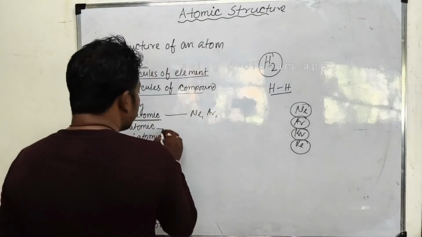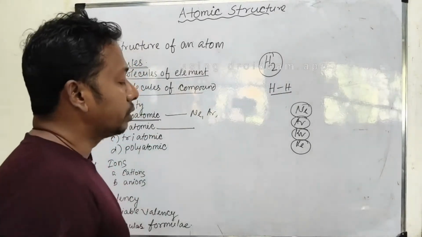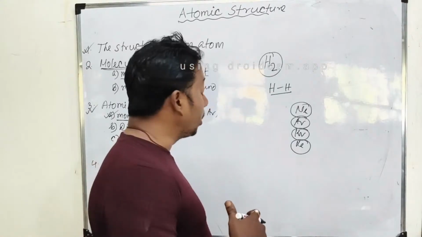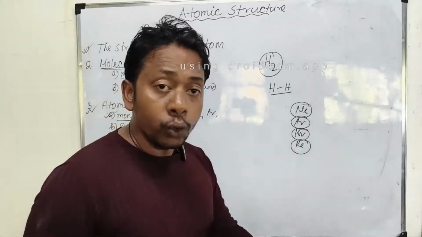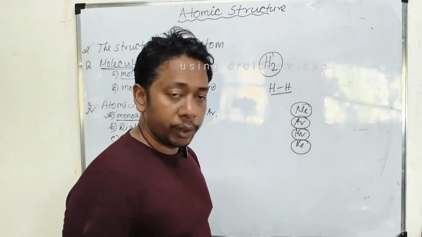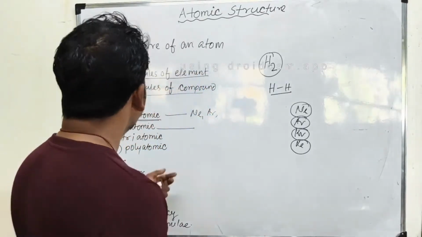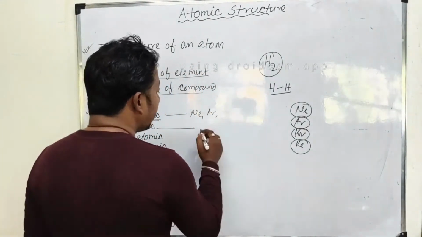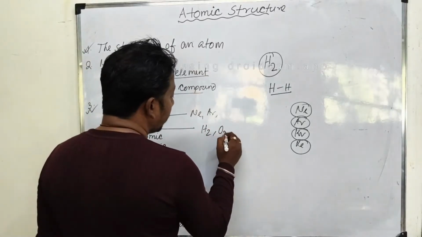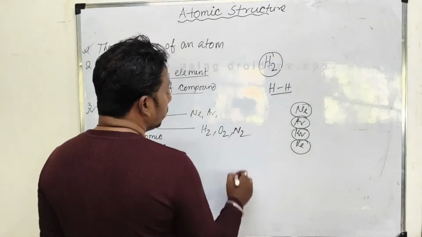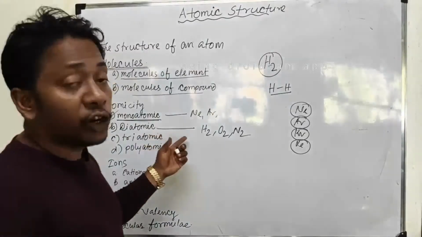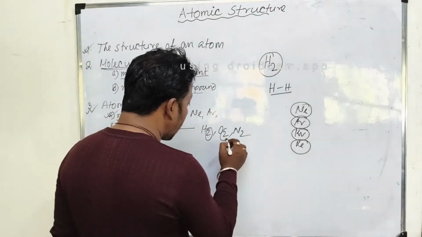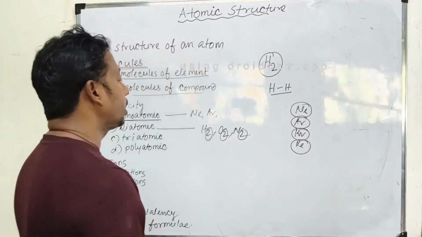What are diatomic molecules? Diatomic means if a molecule contains two atoms, it is called a diatomic molecule. Think about hydrogen, oxygen, nitrogen. Those are diatomic molecules because two atoms are there.